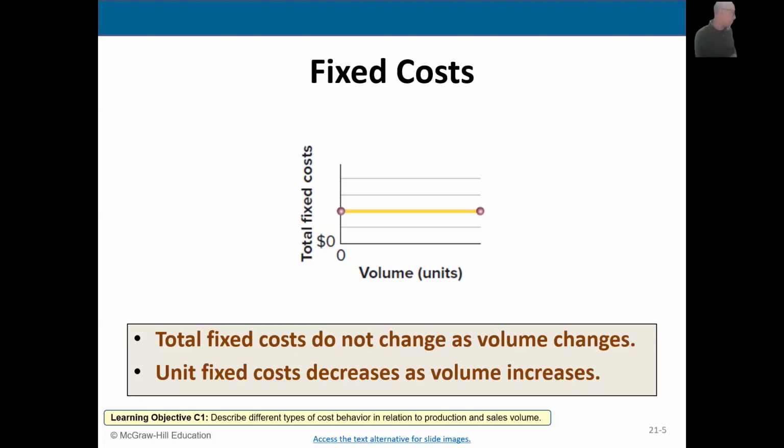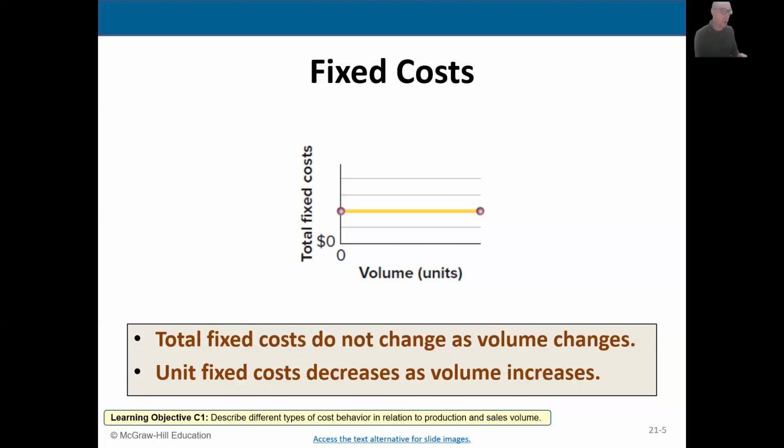And we know that those costs together equal the total cost of a product. But how do we break out that information even further? We categorize them into what we call fixed costs and variable costs.